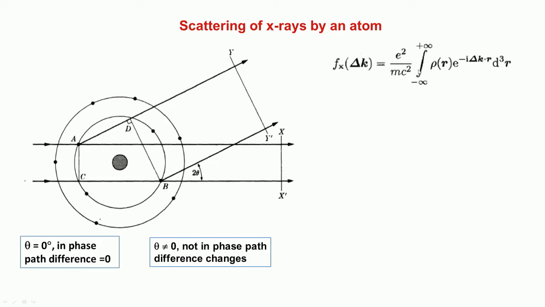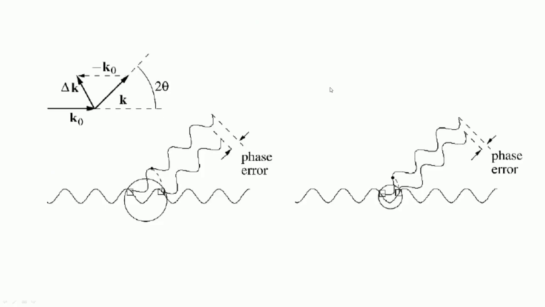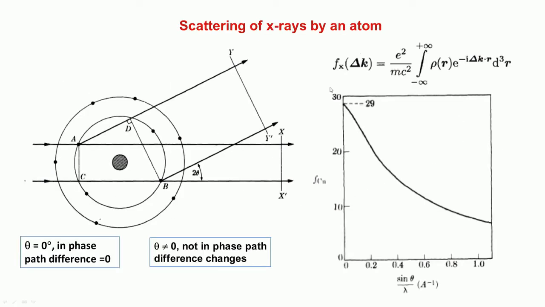If we try to plot this for a specific value of lambda, you can see that this has been taken for copper K alpha. When the angle of scattering is 0, it is maximum.